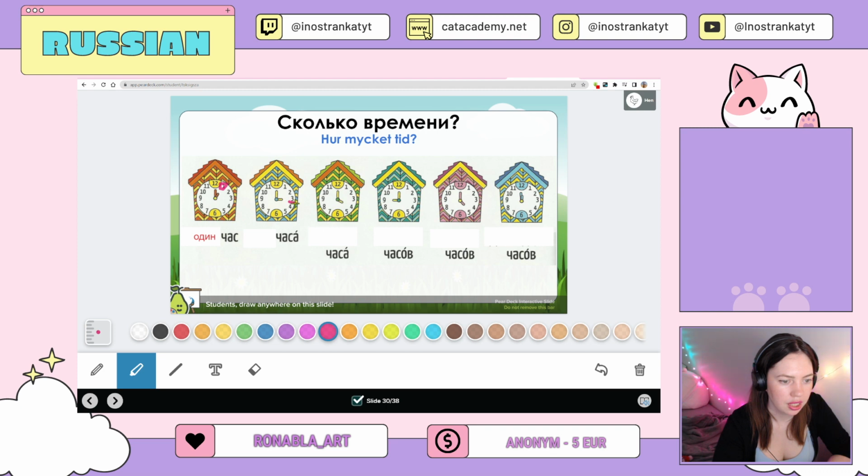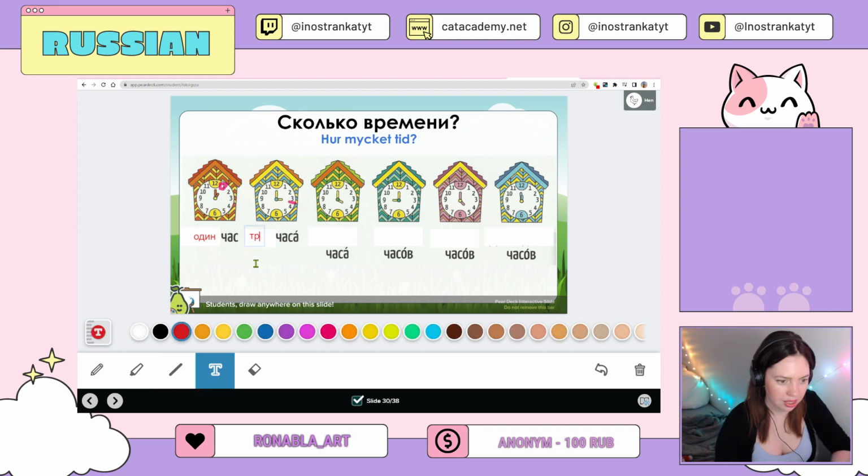I can see number 3. And we remember that it is 3 часа. 3 часа. Next one. Green. Зеленый. Сколько времени? 4 часа.